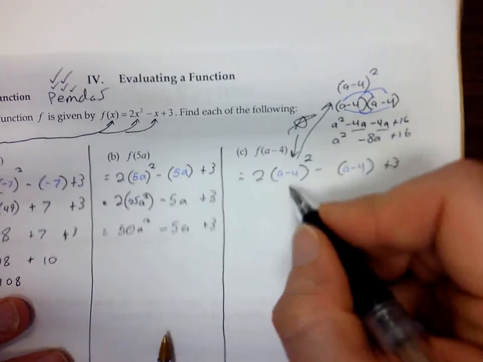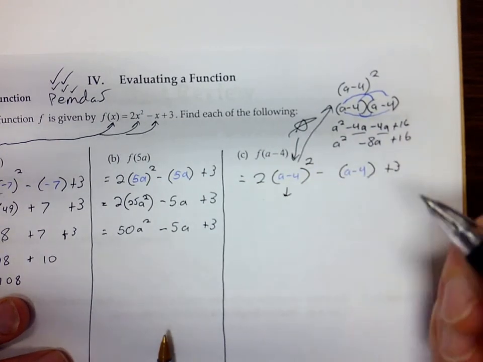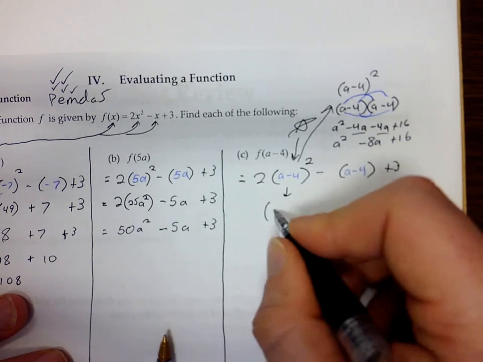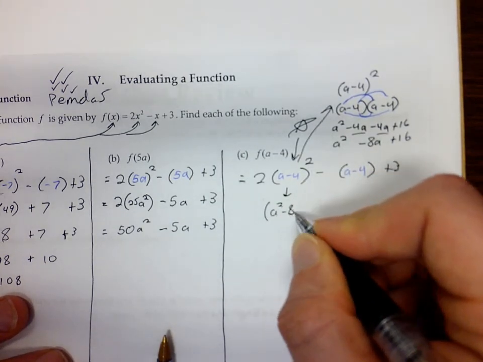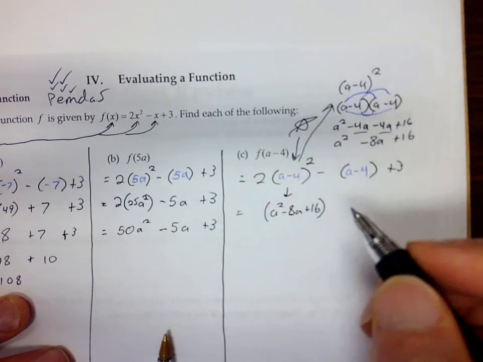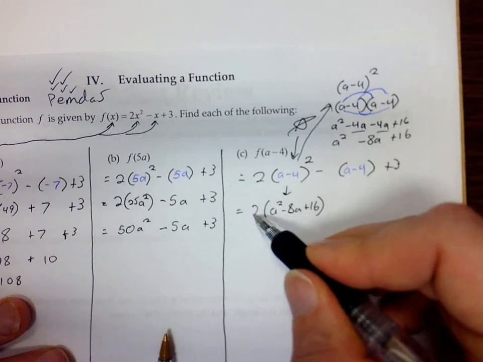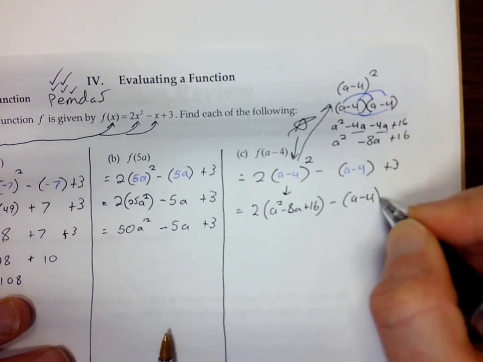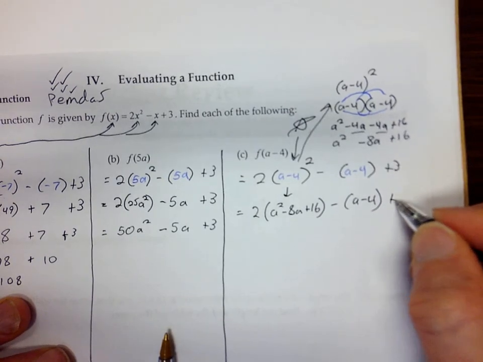So what I've done is I've now multiplied this out. I'll go ahead and write out what we got from that. We got a squared minus 8a plus 16. And everything else I'm going to carry down. I'm going to carry down my 2, my minus a minus 4, and my plus 3.